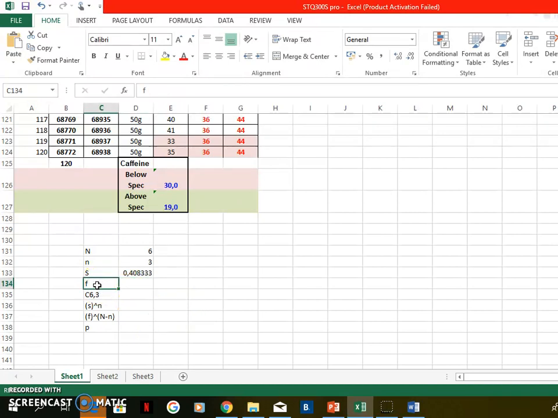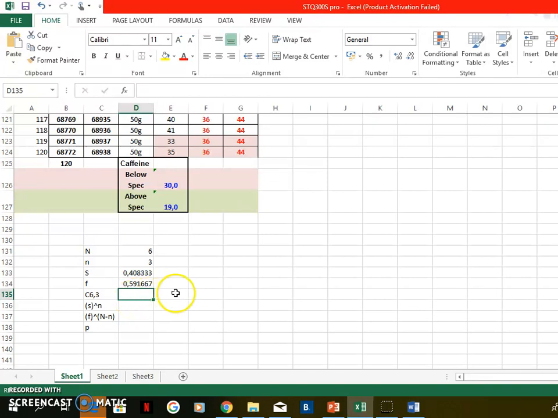Small letter f is the probability of a failure out of all these results that were obtained. Our f is equal to whatever is left when you subtract the 49 from 120, which is 71, divided by 120, which equals 0.591667.